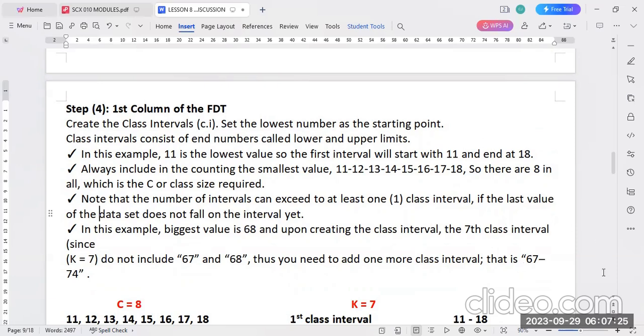But there are instances na pwedeng madagdagan yung class interval depending on the highest number from the given set of data. Kung hindi pa nare-reach yung highest number doon sa pang-pitong class interval, depende kung ano yung value ng K, we can add one more class interval or kahit more than one. Depende, basta kailangan ma-reach yung highest number.